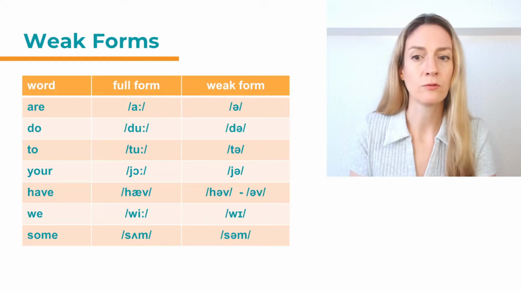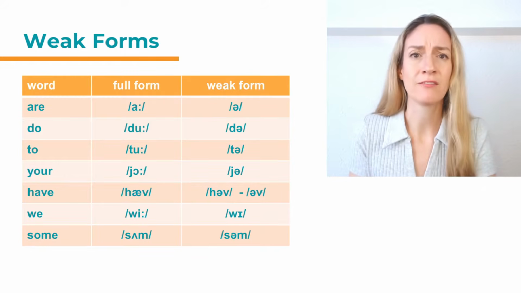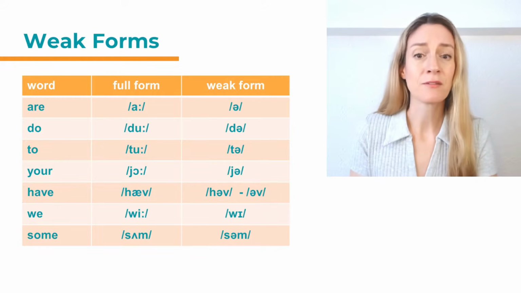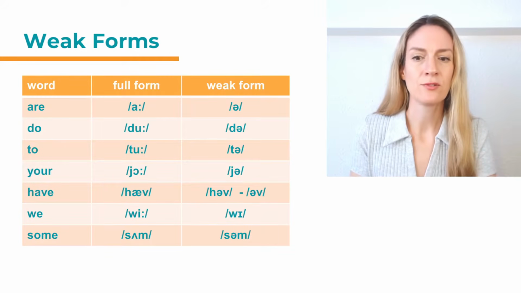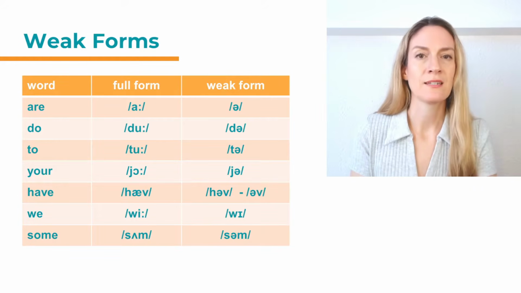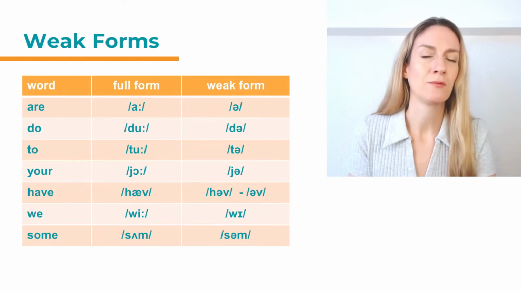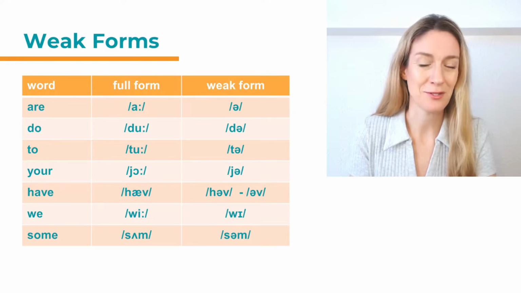And the weak forms, none of them contain a full long vowel sound. Most of them in fact contain the schwa. And we contained a long E, which is reduced to a short E. That is a little bit of an exception, but what they all have in common, the weak forms, is that they contain short vowel sounds because they're quicker to say.